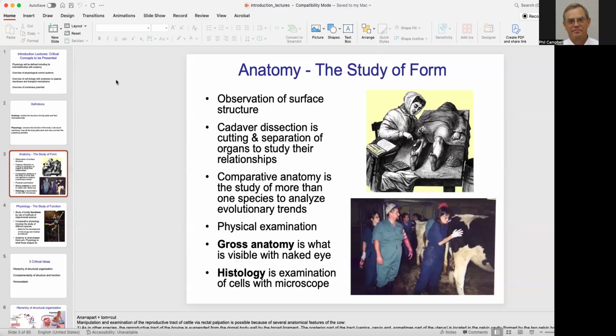But the whole point of this is just an example of a physical examination. It's the same thing when you go to your physician and he'll stand behind you and start palpating around your throat and so forth. And so that's a physical examination. That is also anatomy, because they're trying to feel what's right, what's wrong.